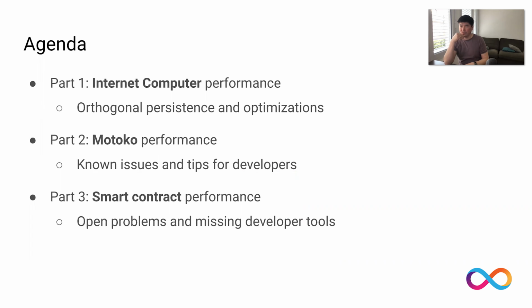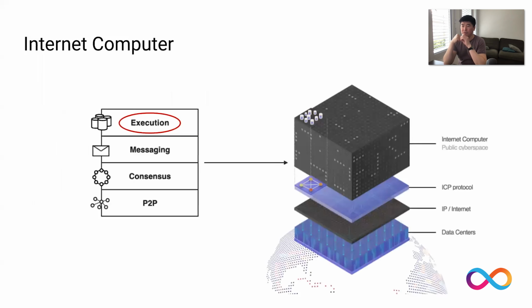Then I will talk shortly about Motoko performance and mention the known issues that the Motoko team is working on, and also share some tips for developers. I will conclude with my wish list of developer tools that are important for performance and that are currently missing.